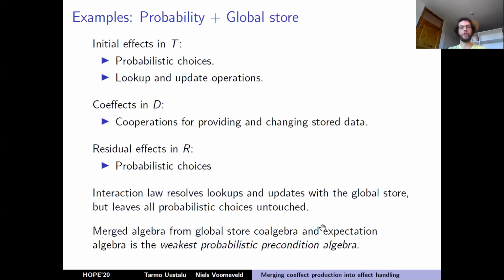As I said, this interaction resolves global store operations using a coeffectful description of global store, and leaves the probabilistic choices untouched.